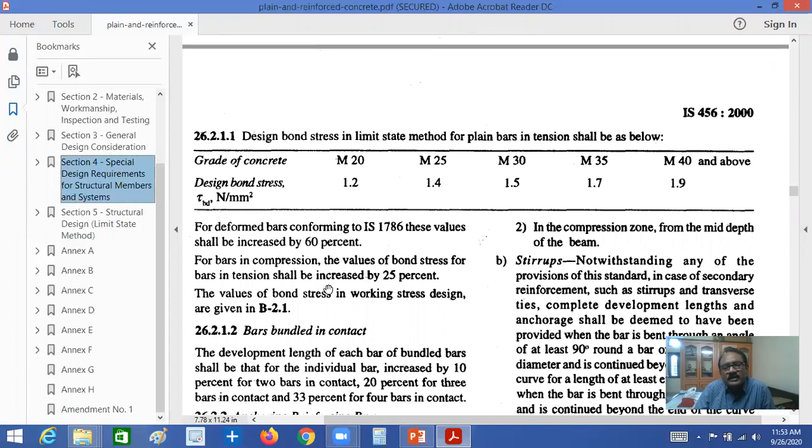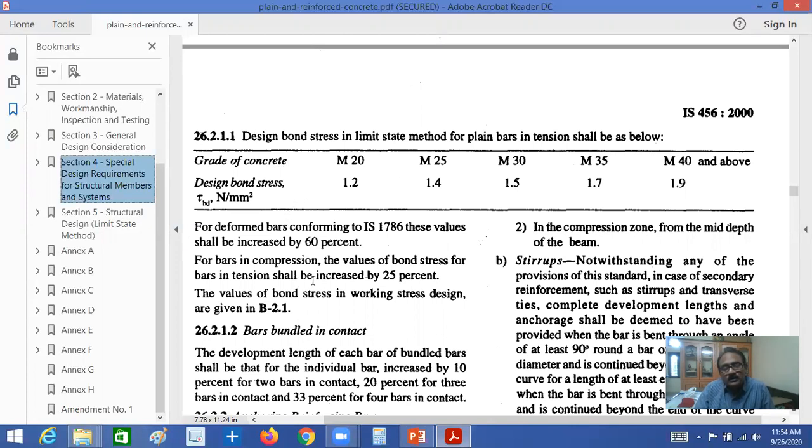For deformed bars the values increase by 60%, and for compression by 25%. You must remember this is a very important point. The table is given for tension in plain bars, that is mild steel bars.